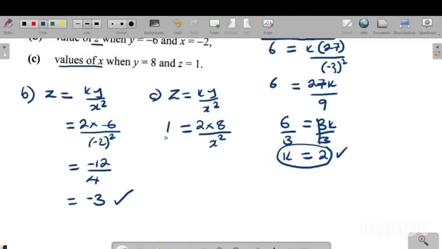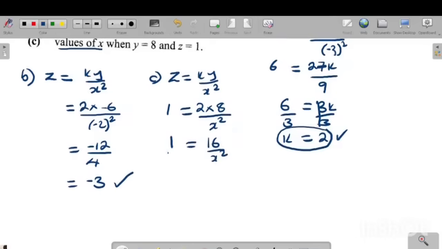Okay, so we're going to have 1 is equal to 2 times 8 is 16 over x squared. So cross multiply here, you are going to have x squared is equal to 16.